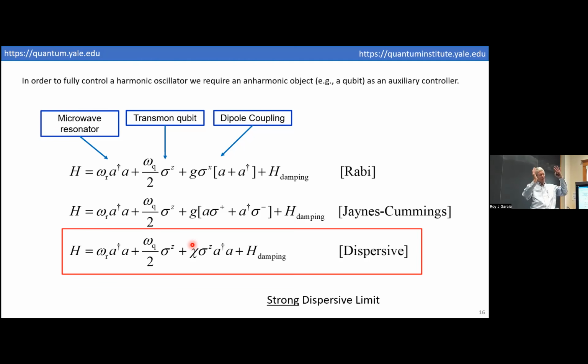How do I control these beautiful, pristine oscillators with my relatively bad transmons? And there's this inverse Purcell effect in which the cavity, once you couple in the qubit, its Q goes down because it partly participates in the qubit. And so that's a challenge which we have to deal with.